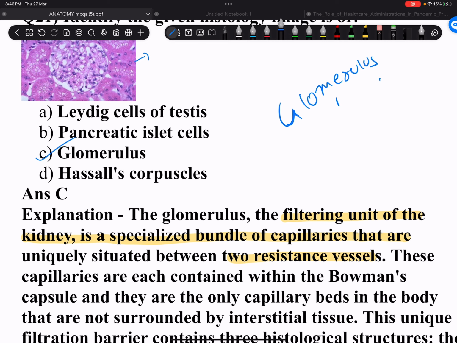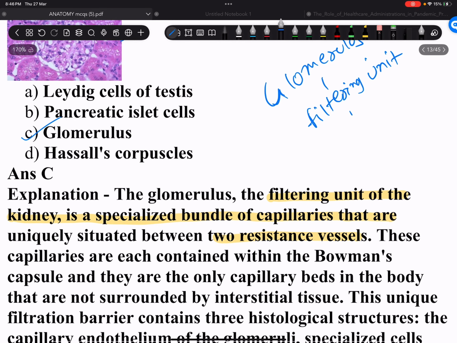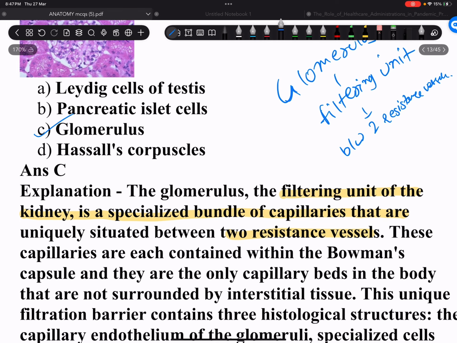First you have to know this. It is between two resistance vessels.